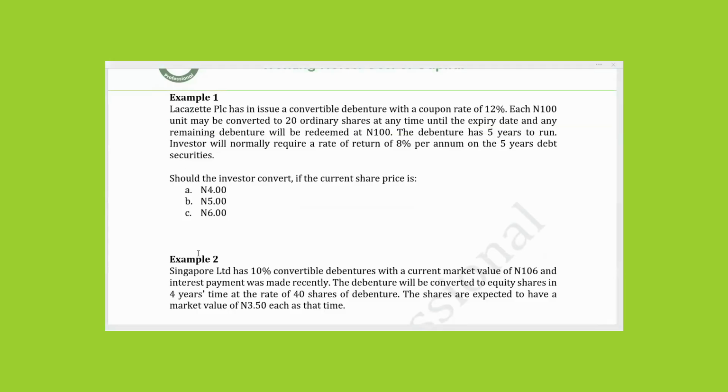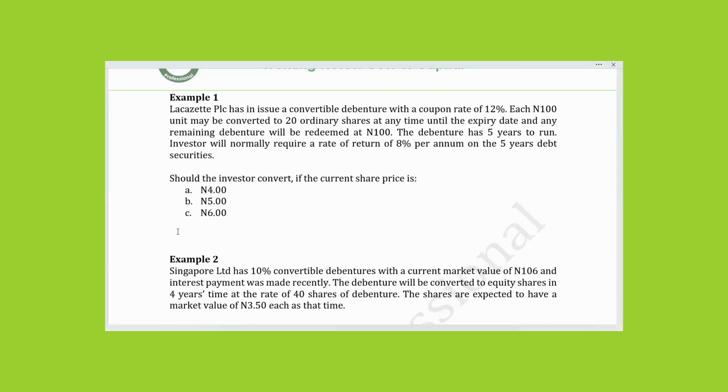So the examiner is asking, you have to be very careful. In this particular question, the requirement is for you to advise the price at which investors should convert. Examiner did not ask you to calculate cost of convertible. Therefore, what are you supposed to do?